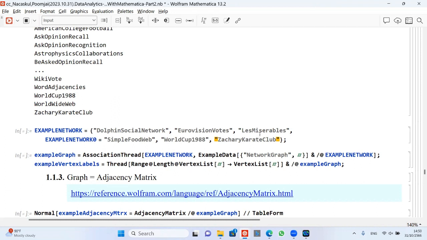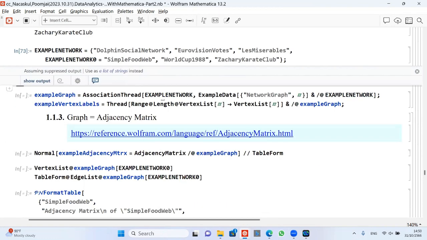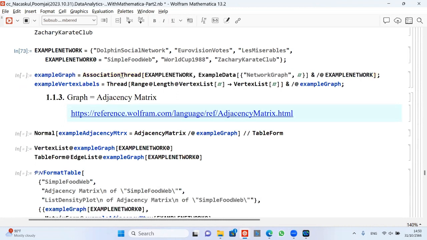Now, the way I tend to do this, and you can use this convention or not, but I think it's a good style, is I make a list, then I put 0 for the one that I would use as the example. So when I can't think of anything, I'm going to use simple food web as an example. So I just define this. Okay, now I'm going to make a network graph.